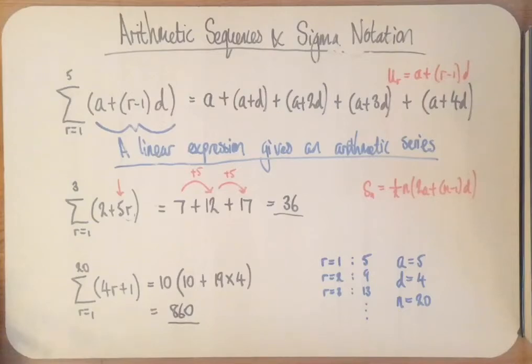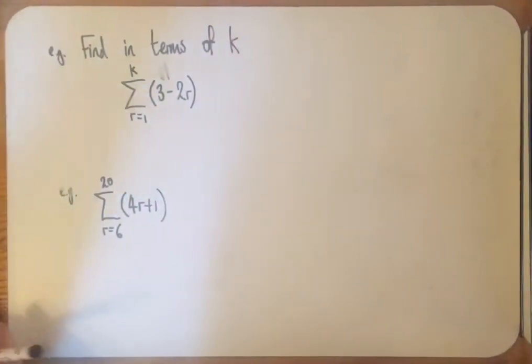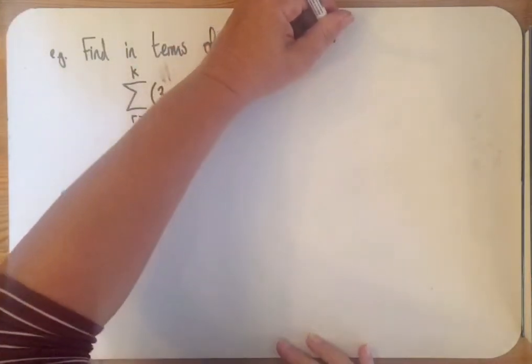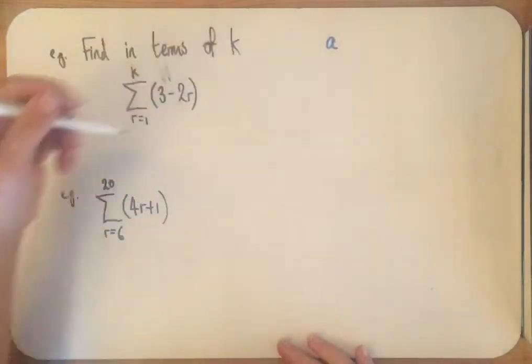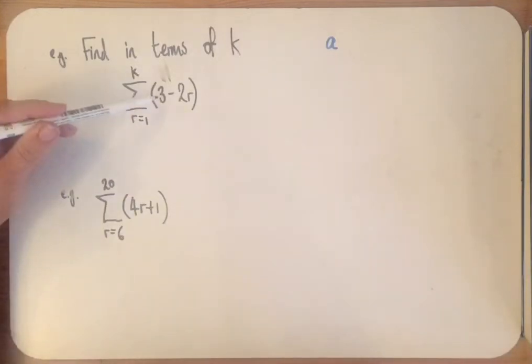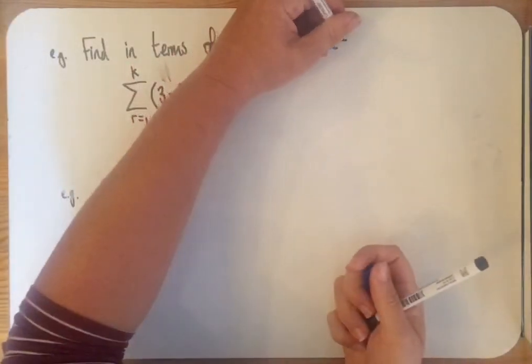You may find that you have a letter at the top as opposed to a number. So for instance, I might want to find that one there in terms of k. But it's the same idea. So we're summing from r equals 1 to k, we've got a linear expression, so it's arithmetic. The first term a is when r is equal to 1. And so 3 minus 2 is 1.